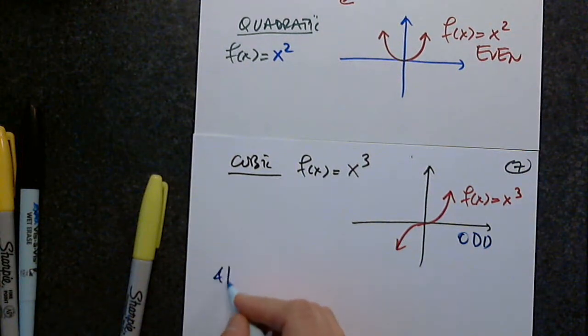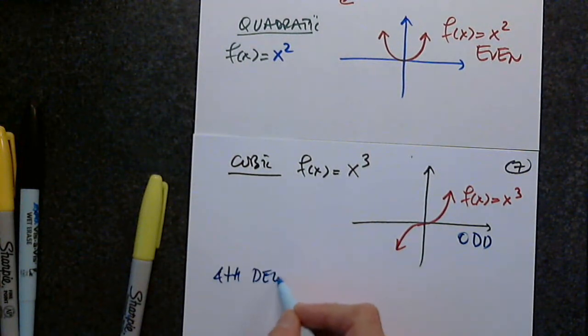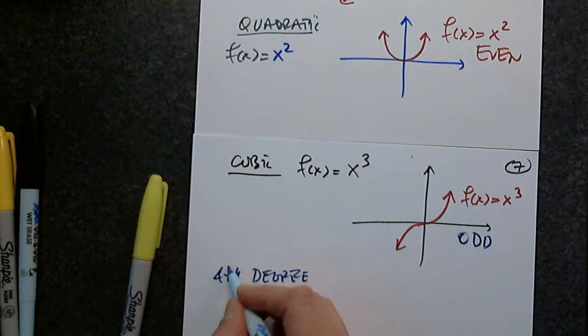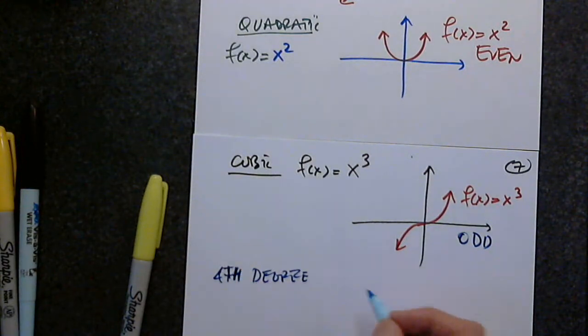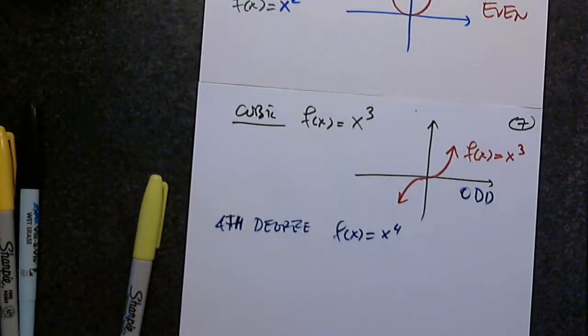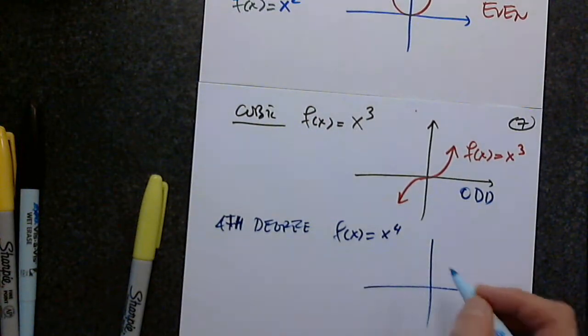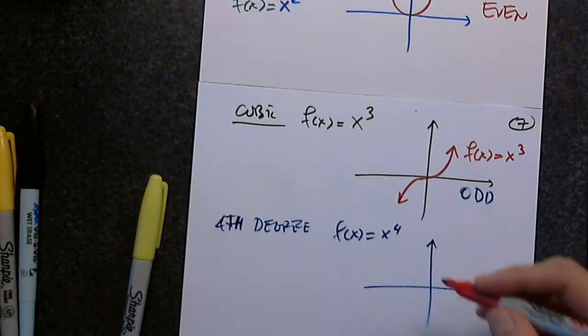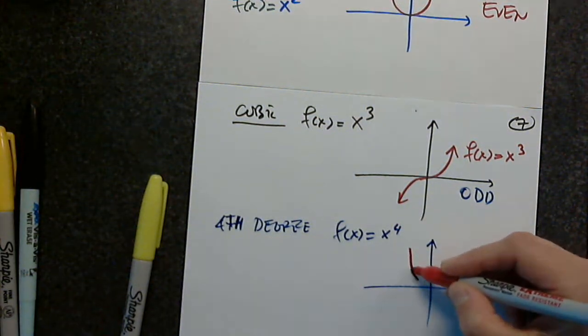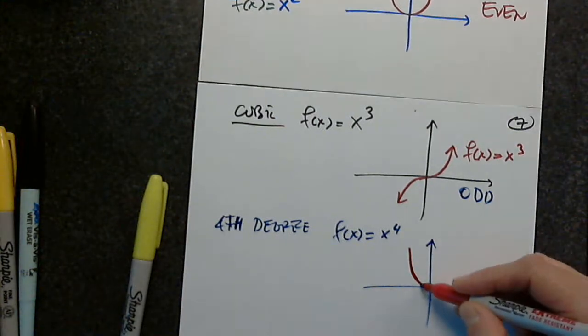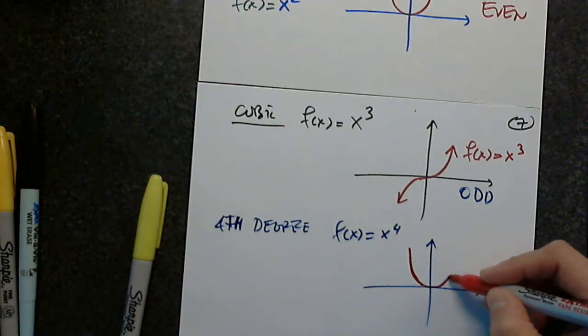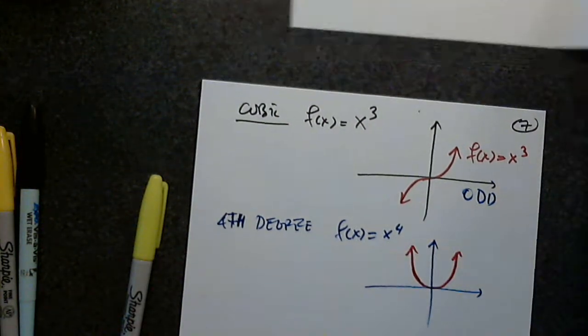Last one, fourth degree. Fourth degree, f of x, of course, x to the fourth. Again, we will see it again and again, several times in chapter 3. So here's the graph. Very, very similar to the graph of x squared, as you see.